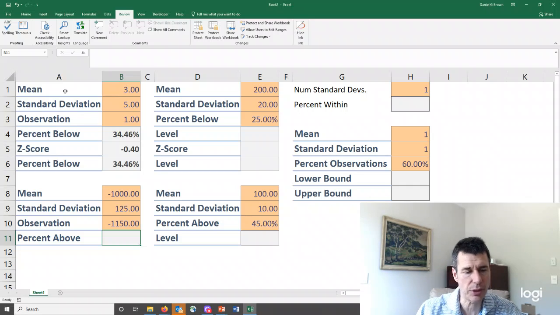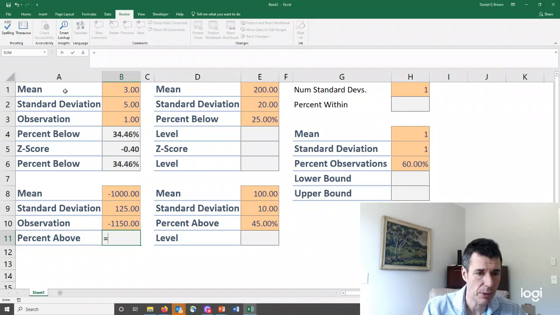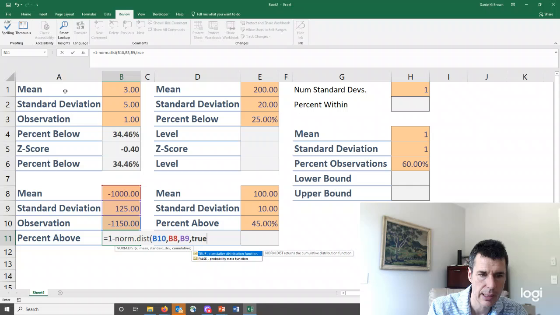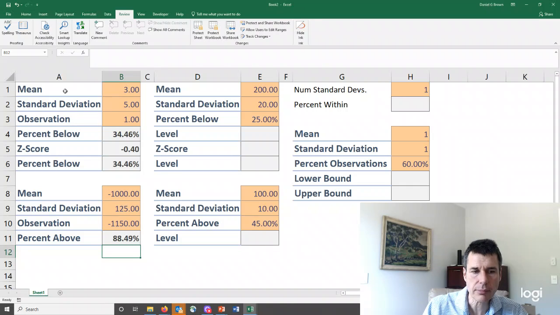And we know that if we do norm.dist of our observation, the mean and the standard deviation, and true, we're going to get the percentage below. So we simply want to do 1 minus norm.dist of the observation, the mean, the standard deviation, true, and we get the percentage of observations above this level.